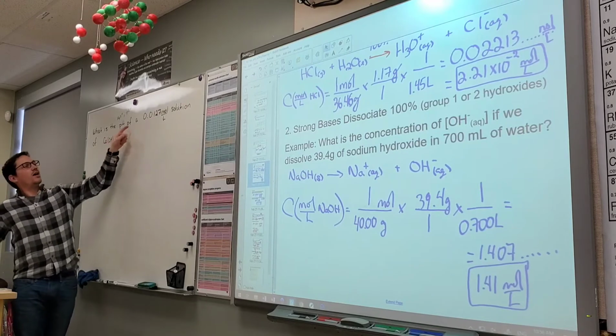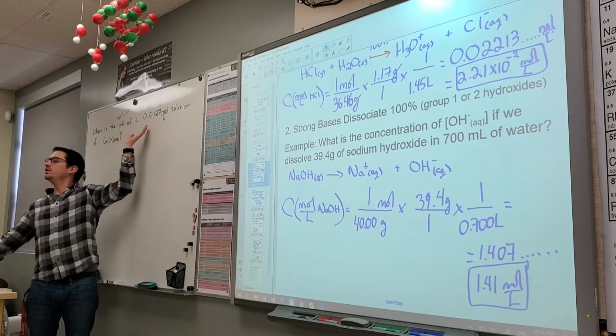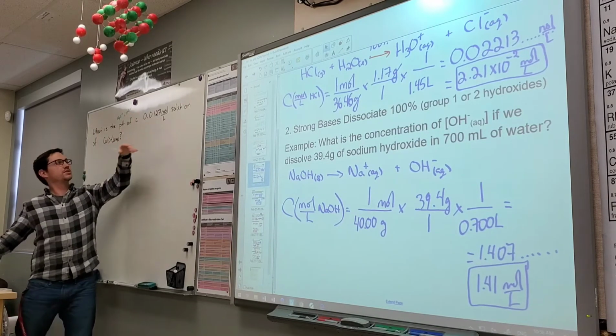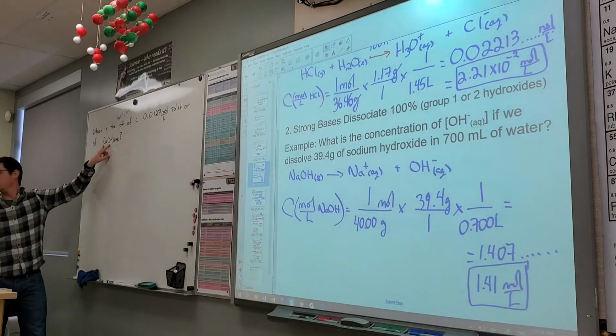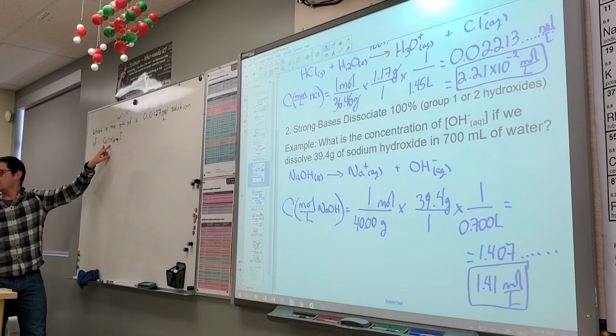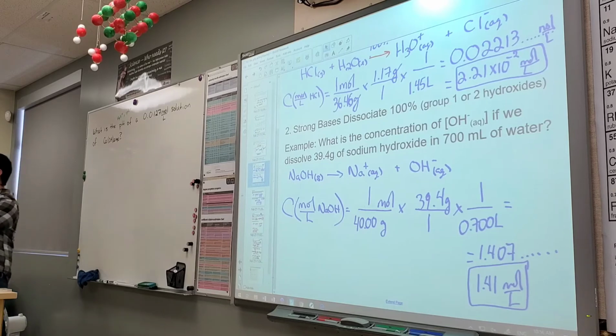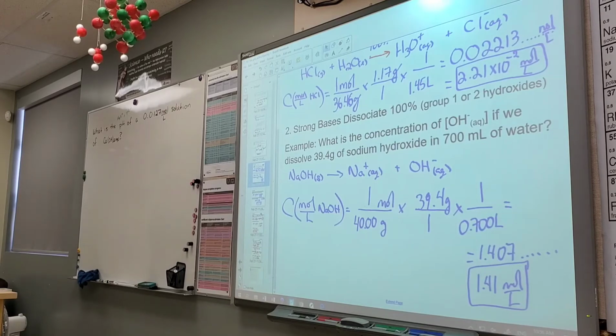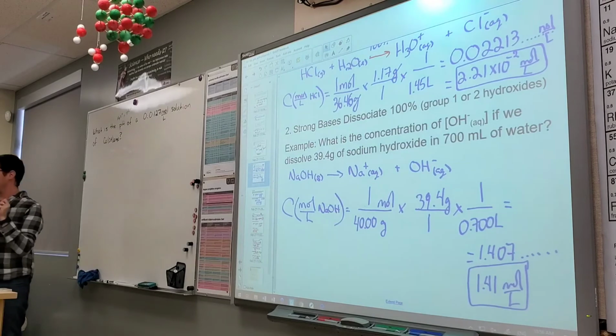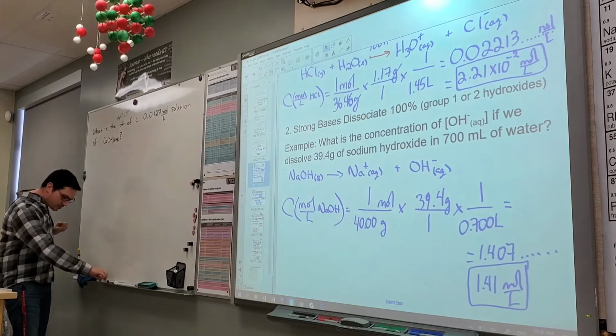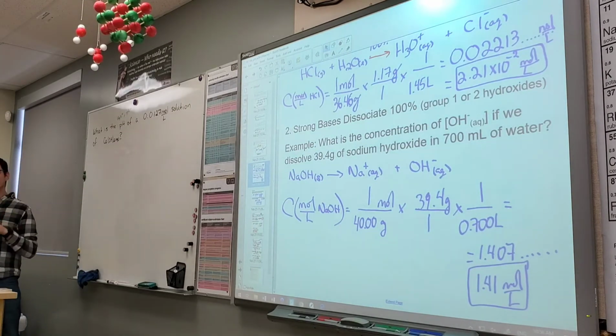Okay, of 0.0127, nobody cares what the number is, mole per liter solution of what? Calcium hydroxide. What should you immediately notice about calcium hydroxide? It's a blank base. It's a strong base. Why? How do you know it's a strong base? Calcium's group 2.